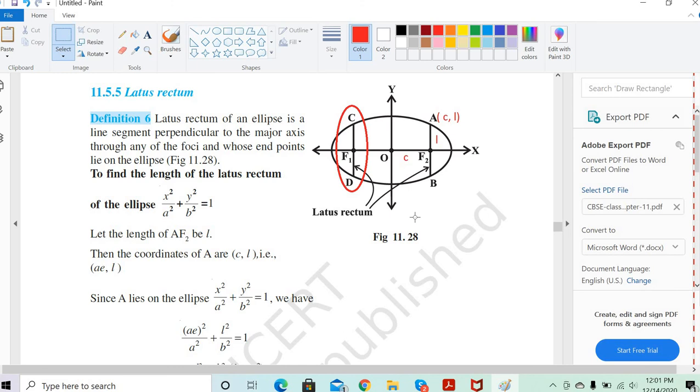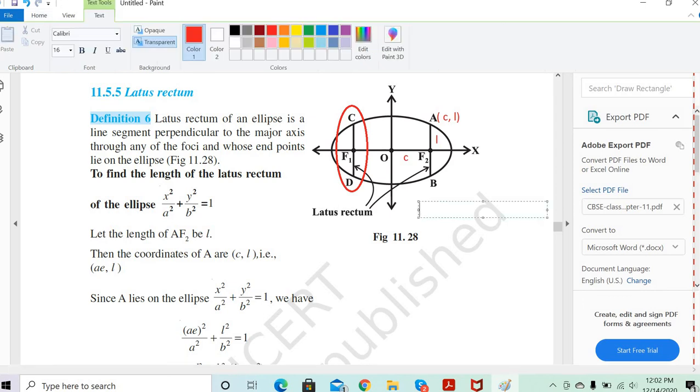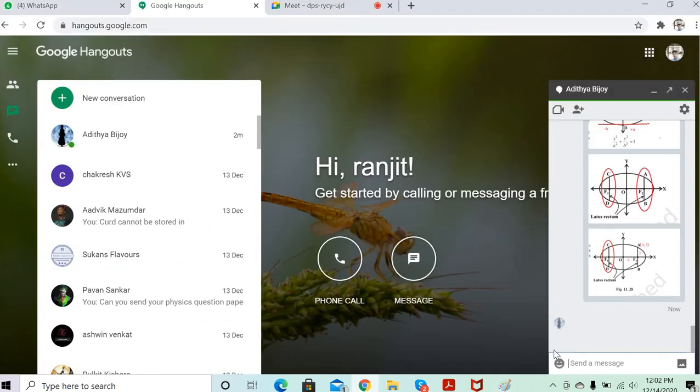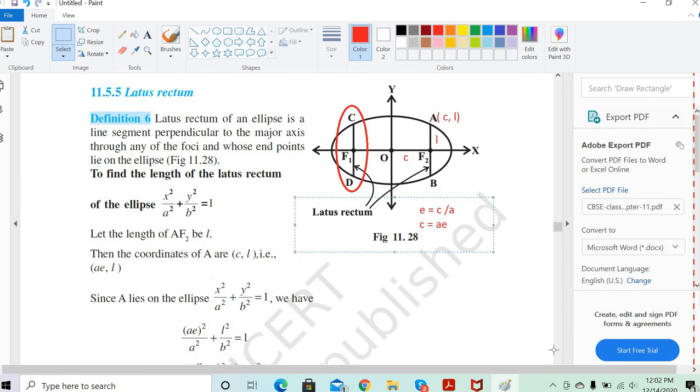Remember, the eccentricity was defined as C by A. Eccentricity E is equal to C by A. Then C is equal to AE, right? Correct? Did you understand this part?